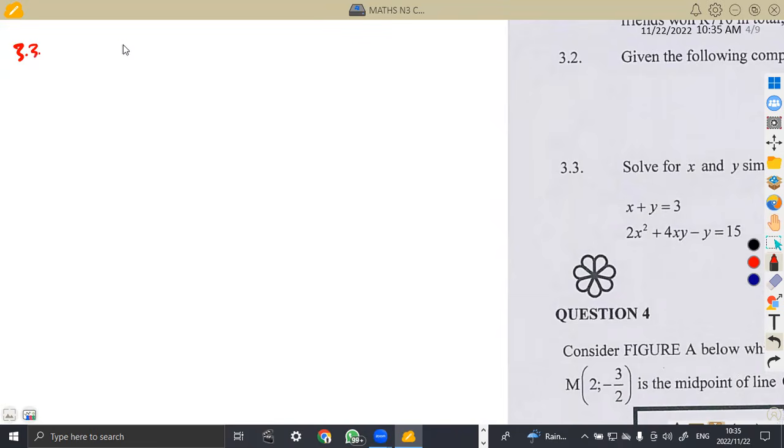You're supposed to now get used to these typical equations. So we've got the first equation, x plus y, which is equal to 3. The second equation, 2x squared plus 4xy minus y, which is equal to 15. So that was the second equation.